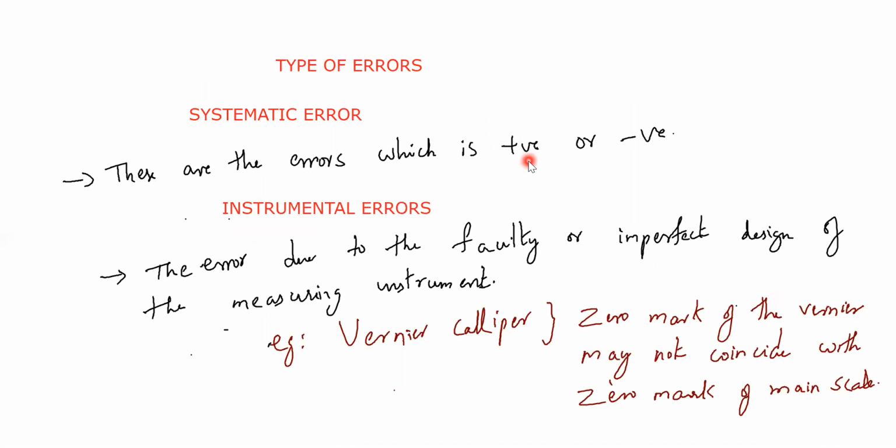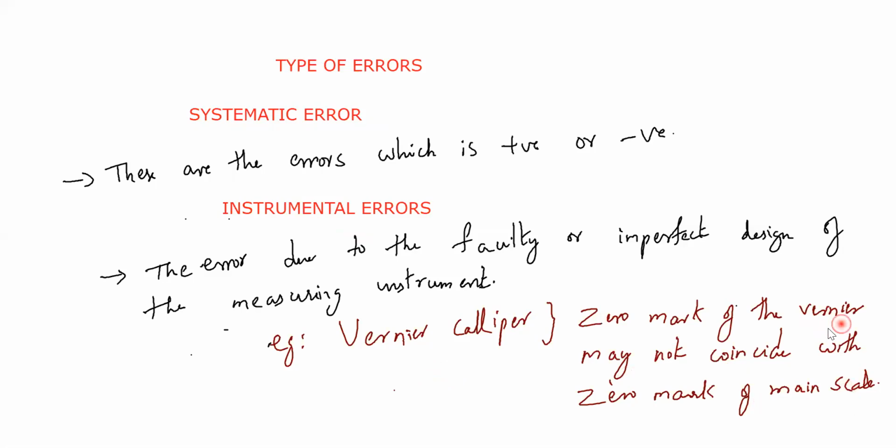Instrumental errors. So for example, if I'm buying something and there is a faulty design or imperfect design of that instrument, then it is called the instrumental error. Once you go to school, you will be doing a physical experiment on a vernier caliper. At that time, we can see clearly that the 0 mark of the vernier caliper may not coincide with the 0 mark of the main scale.